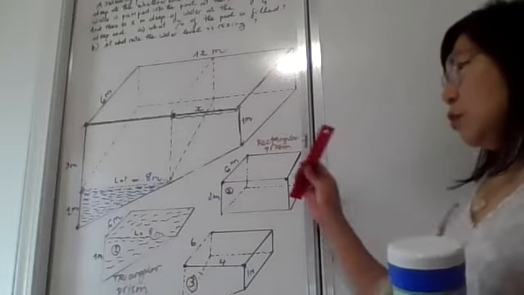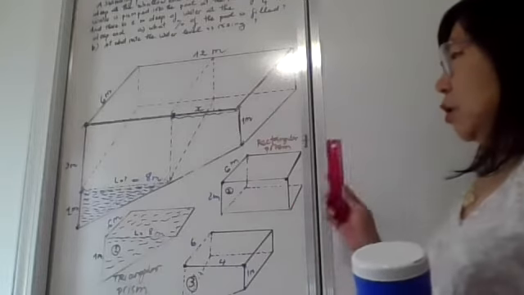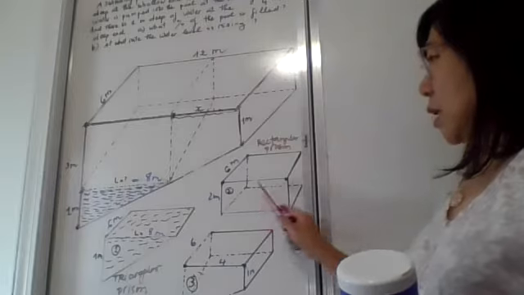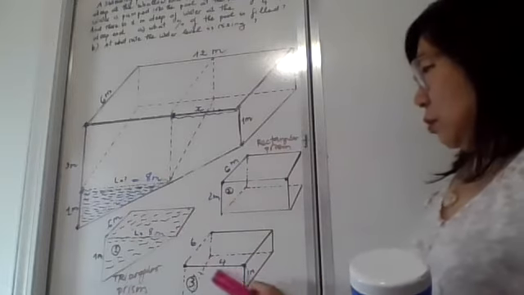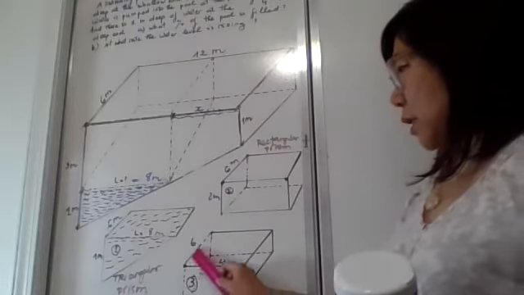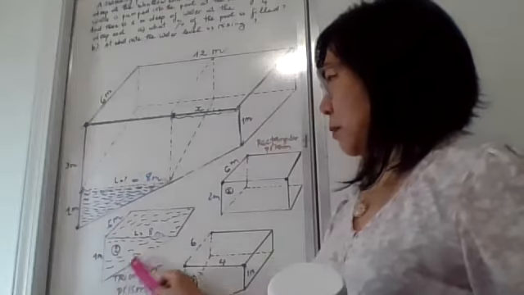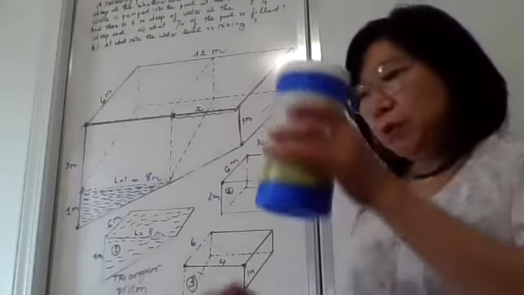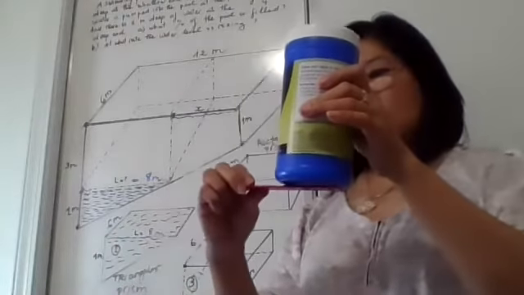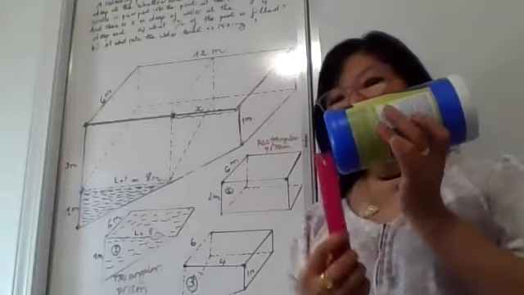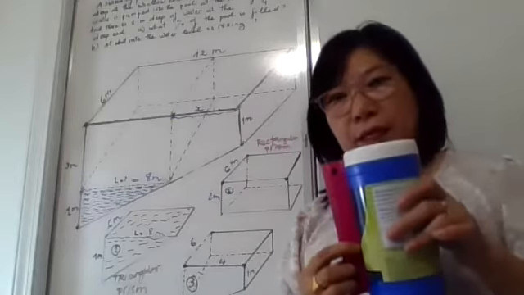The volume of any object always equals the base times its height. It equals the base here times its height here, and it depends on the base shape. If the base shape is a circle, you use the formula of the circle times its height.